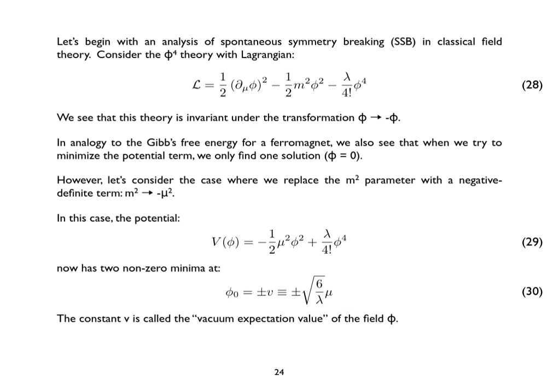We also see that with the potential the way it is, if we try to minimize that potential, we're going to find that the minimum is at 0 for the field phi. In other words, we're going to have just this kind of parabolic shape of our potential.